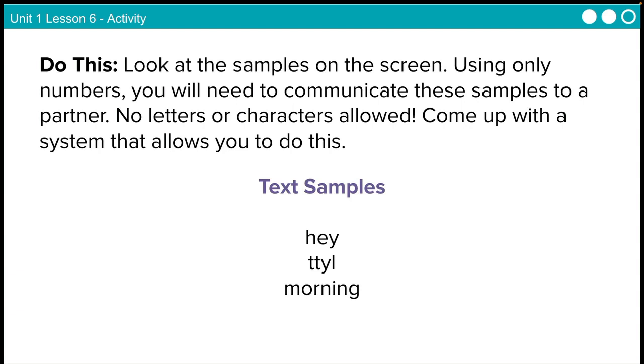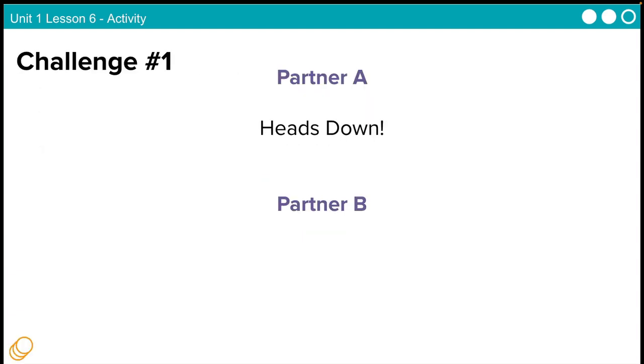Okay. So using only numbers, come up with a system, write down some rules for your system, and see if you can use those rules and system to represent the text that follows. Okay. So one partner, put your head down. One partner is going to see a message and then they're going to write it in code with the numbers.